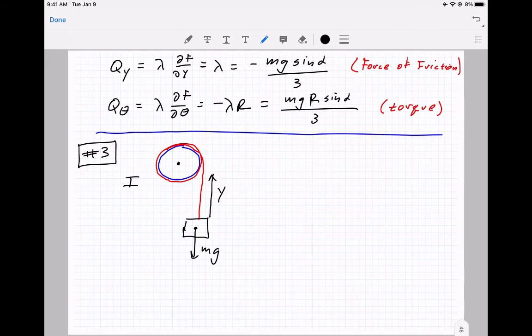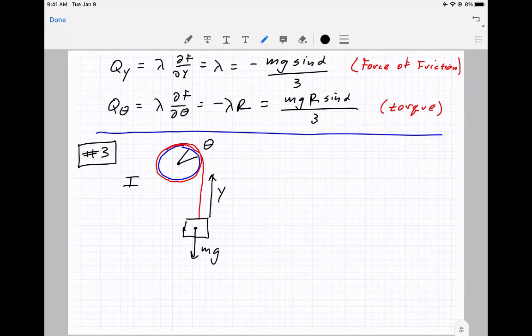So now let's just say it's increasing as it goes upwards. As long as you define the orientation of your generalized coordinate and you're consistent in your equations for kinetic energy and potential energy, you can't go wrong, okay? Now there's only one degree of freedom in this problem, but the other generalized coordinate will actually be theta, okay?